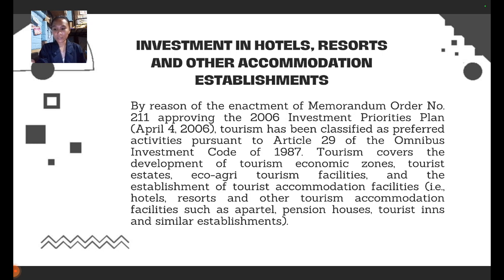Tourism encompasses the development of tourism economic zones, tourist estates, eco-agri-tourism facilities, and the establishment of various tourist accommodation facilities, including hotels, resorts, apartels, pension houses, tourist inns, and similar establishments.